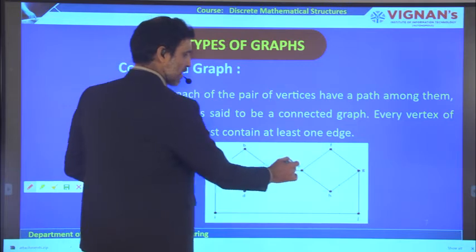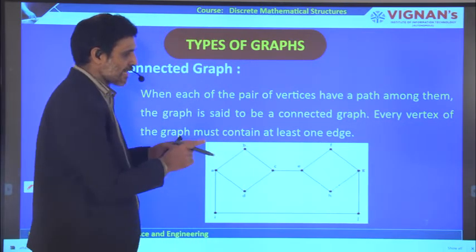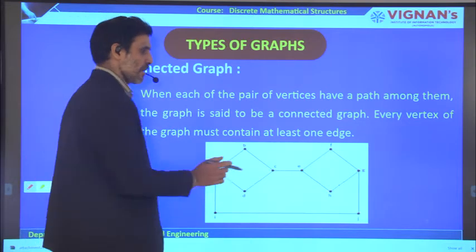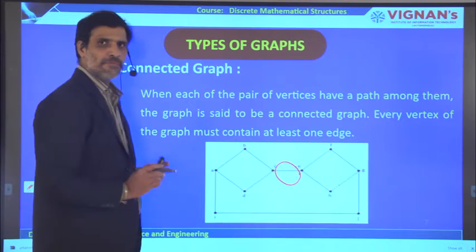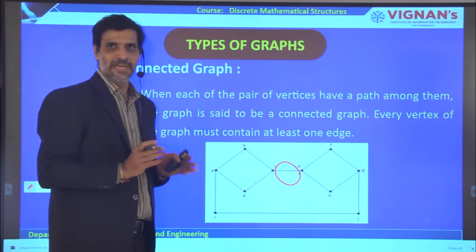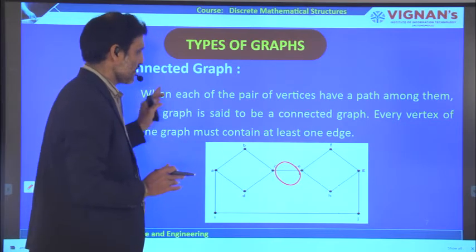Every pair of vertices is connected by an edge. Therefore, it is called a connected graph. Suppose there is no connection between these two, then what will happen? This graph is not called a connected graph. It is called an unconnected graph. So that is the definition of a connected graph.